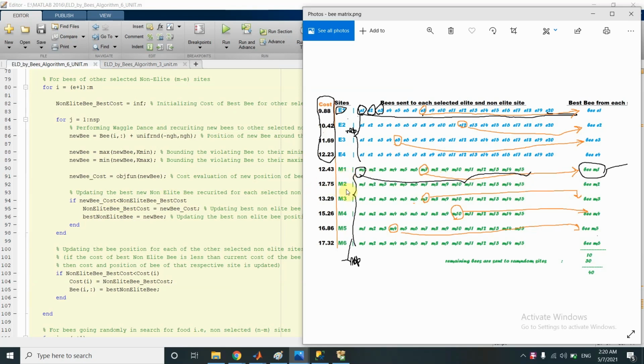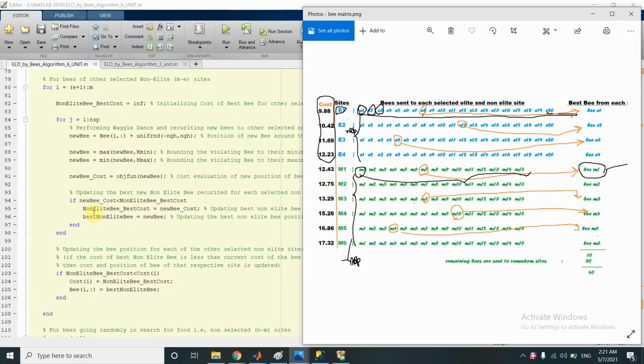So for example, for the first iteration of this loop, say for non-elite site M1, these 15 Bs are recruited, and among these 15 Bs, M7 is found to have the best cost. Let us suppose that M7 is found to have the best cost.